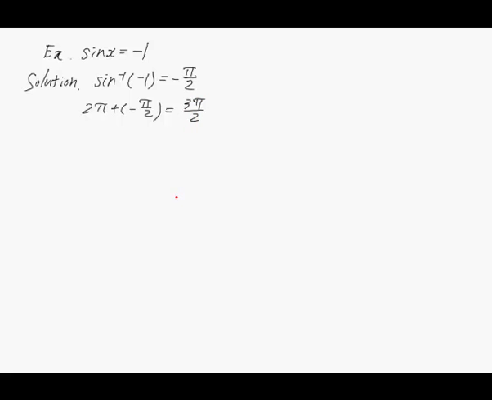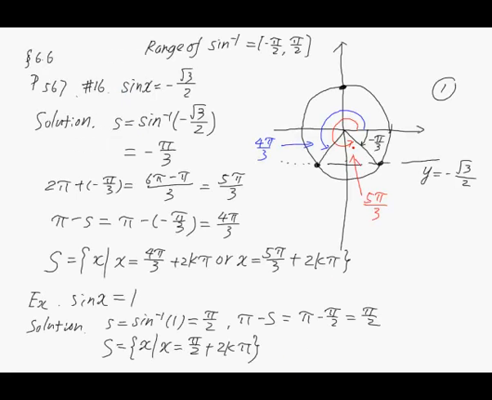And if you want to find another special solution, you may use pi minus this first special solution. But you still get 3 pi over 2. So that means between 0 and 2 pi, you have only one angle for which the sine is equal to -1.